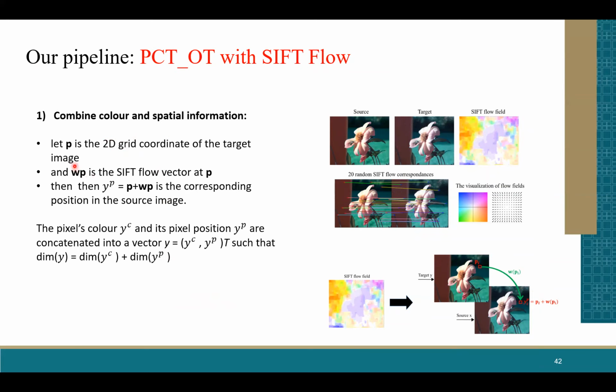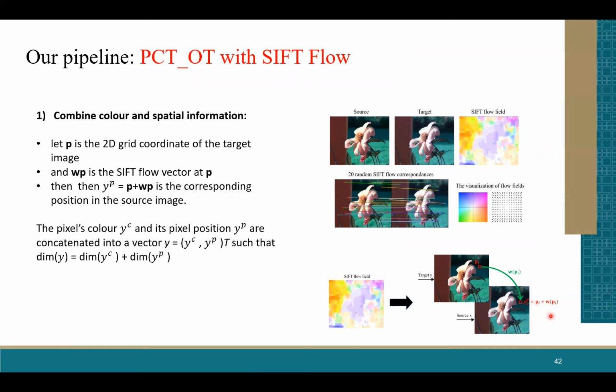Assume P is the 2D grid coordinate position of the pixels in the target image, and WP is the computed flow vector using the SIFT flow method. The corresponding position of the pixel in the source image can be computed by adding P and WP.